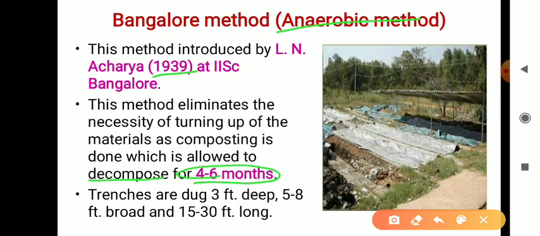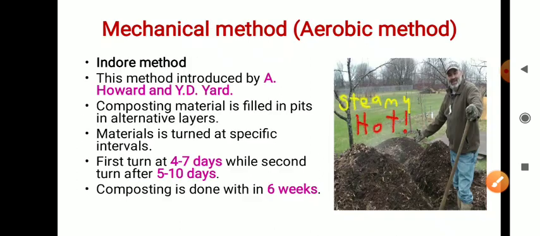Next we will see the mechanical method. The mechanical method was introduced by A. Howard and Y. D. Wad. In this, as in the picture you can see, it is an open process for the composting of material or any waste.